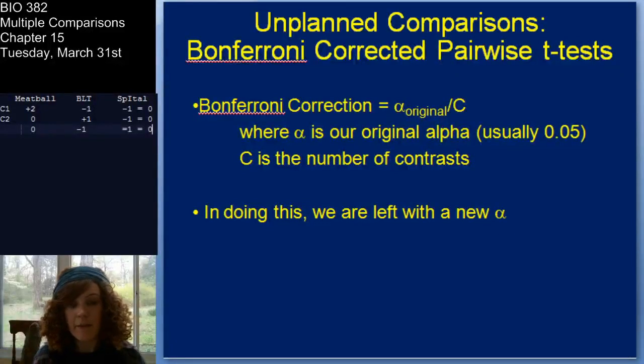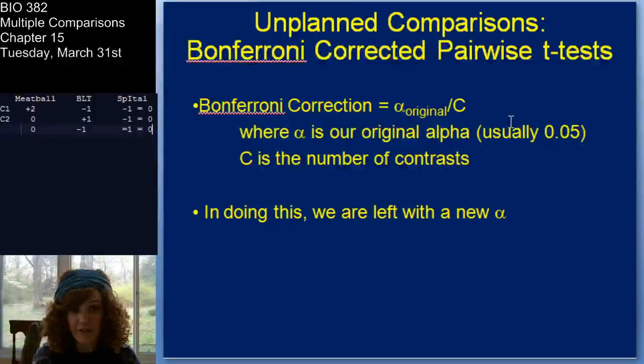This is a pretty simple procedure where you essentially adjust your alpha. Your Bonferroni correction is equal to your original alpha over the number of contrasts, C, or number of tests. So this is really conservative.